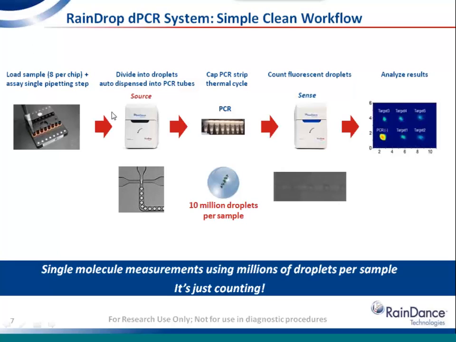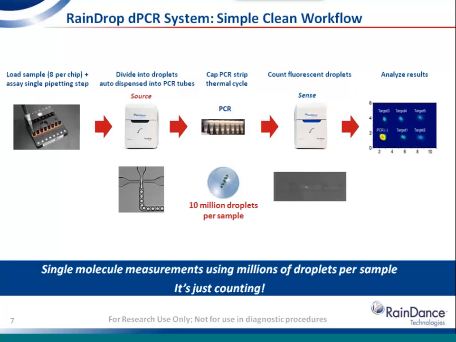The cartridge is placed into the Source instrument, and the instrument automatically divides the sample into many, many partitions and deposits all of those into a standard PCR tube strip.